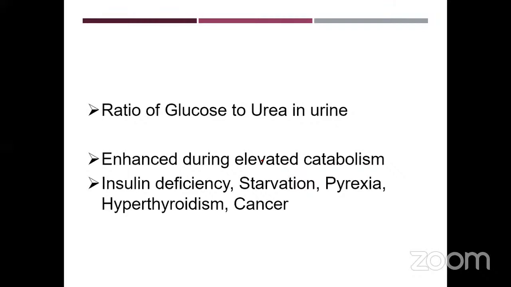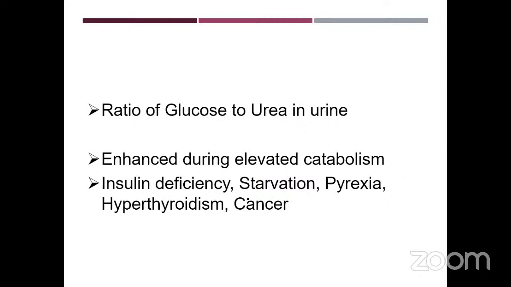That ratio will be increased in the catabolic state. Catabolic state means when there is starvation, fever, hyperthyroidism, cancer, etc. The body tissues will be broken down. When there is increased breakdown of carbohydrate or mainly protein, that results in formation of waste products like urea. The urea level will be increased.